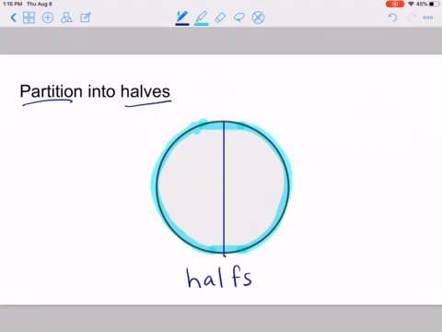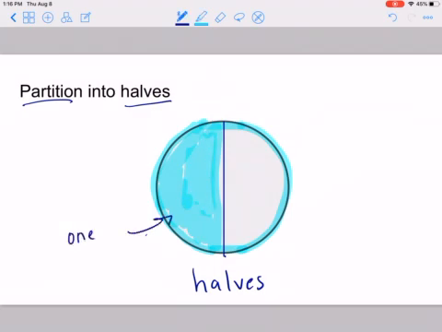Okay? So let's say this is a pizza or a cookie or something like that, and I'm going to eat this, hang on, whoa, I spelled that wrong, halves. Because I was thinking about if I was eating just 1 piece of it, this would be 1 half, H-A-L-F.